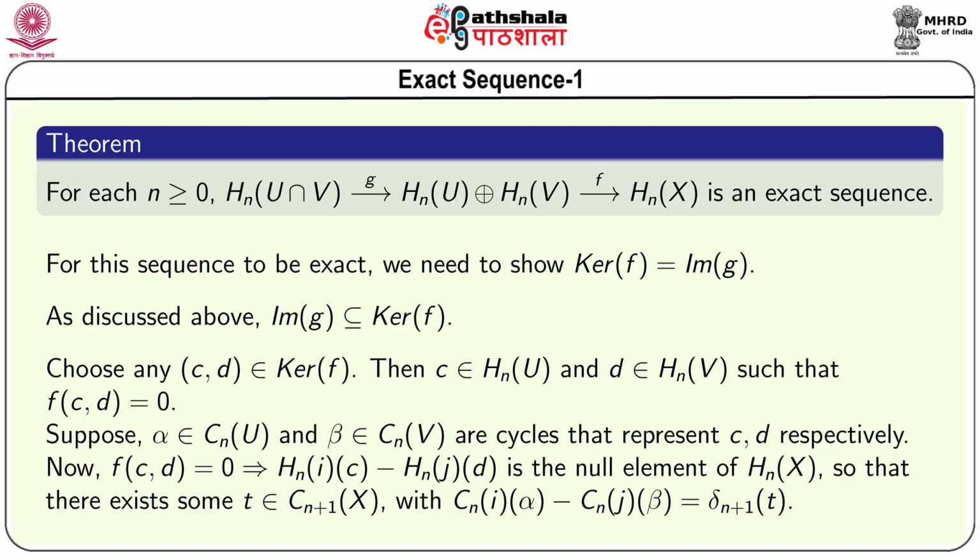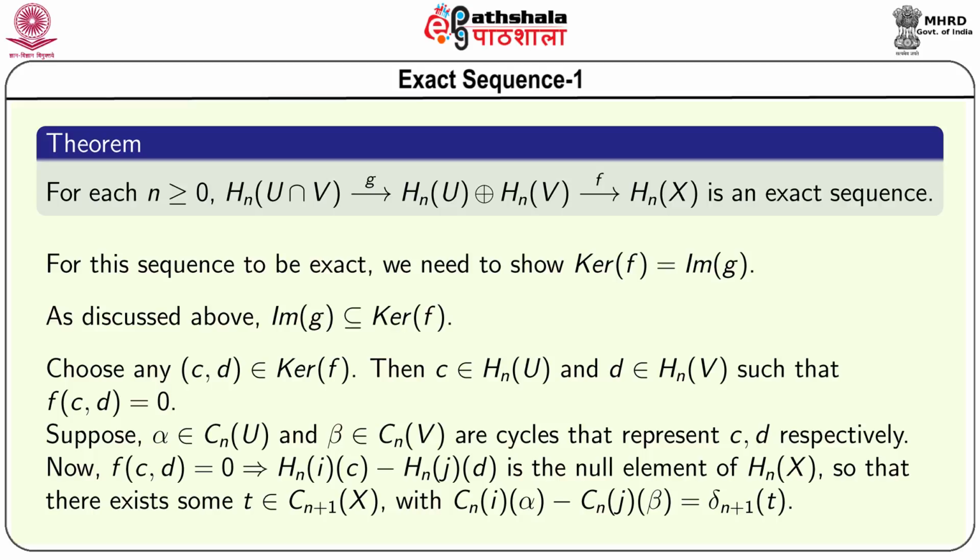For this to be exact, we need to show that the kernel of f is equal to the image of G. In the observation, we have already seen that the image of G is contained in the kernel of f. So, we want to show the reverse inclusion.